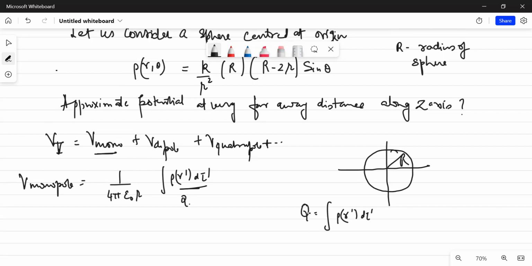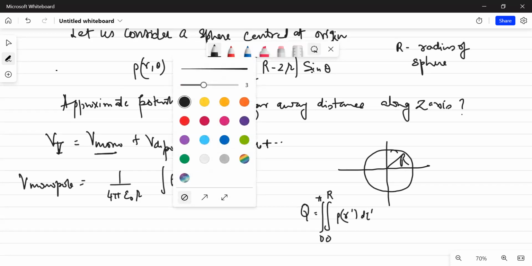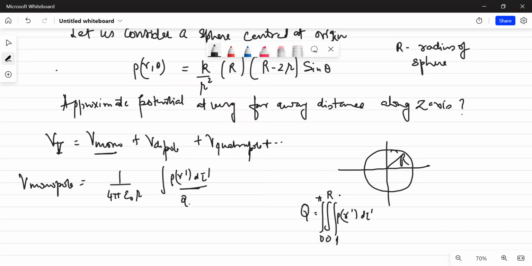Is that clear? r would vary from 0 to capital R, theta would vary from 0 to pi, and for the complete circle phi would vary from 0 to 2 pi, because your d tau dash in general for a sphere is written as r squared sine theta dr d theta d phi.